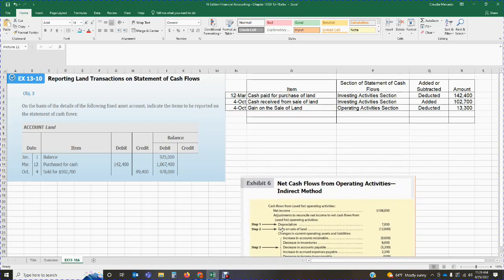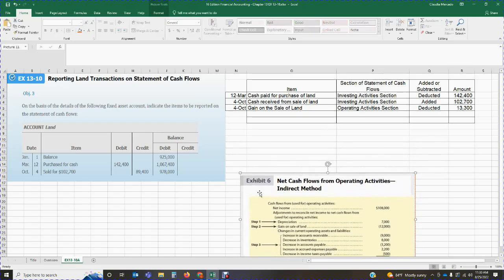Let me show you what I mean. For example, if we were actually reporting this as a section in our statement of cash flows, it would look like this. We would have a section that keeps all of this information. We would label it cash flows from or used for investing activities.